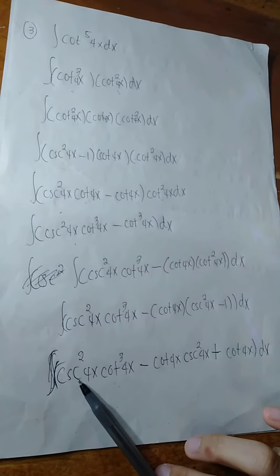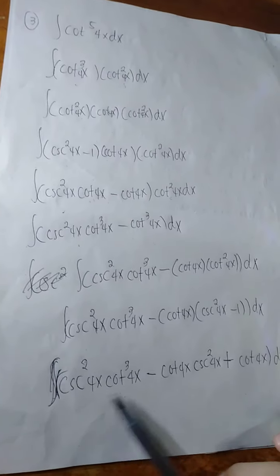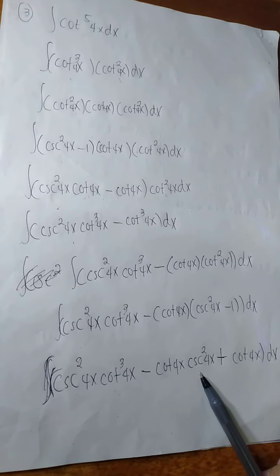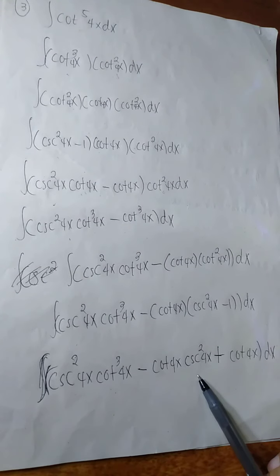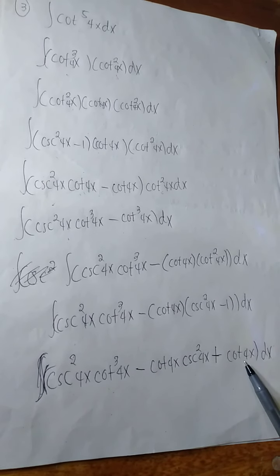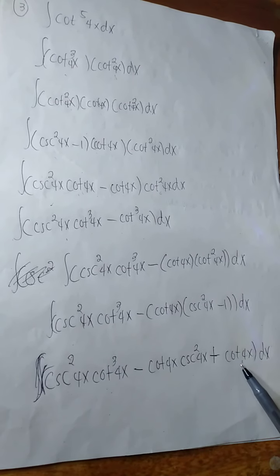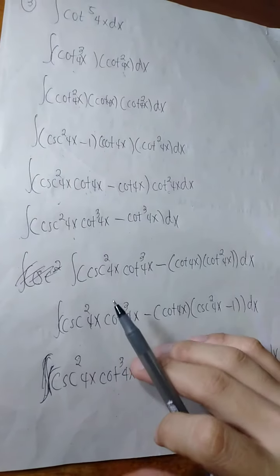So ito, integrable. If we let cotangent as u, derivative niya is cosecant squared, so substitution lang yan. This one, same. So let u cotangent, derivative is cosecant squared, and cotangent is, meron na yan, diba? What is the integral of cotangent? ln of sine u. Okay, so pwede na. So we distribute now the integral sign and the dx.